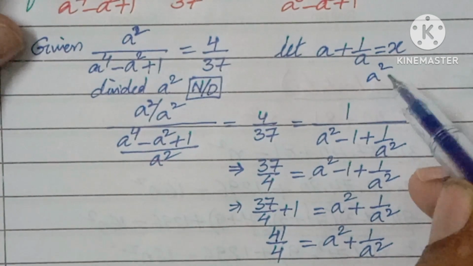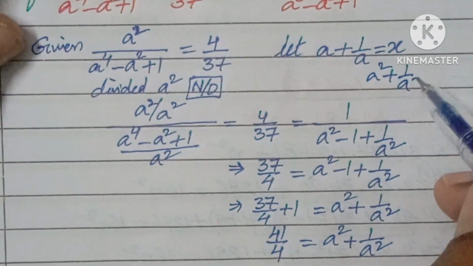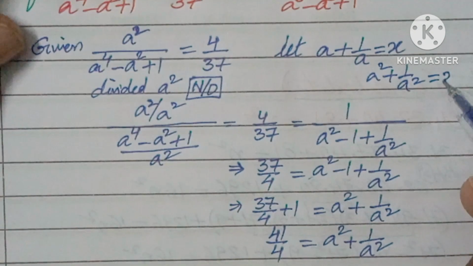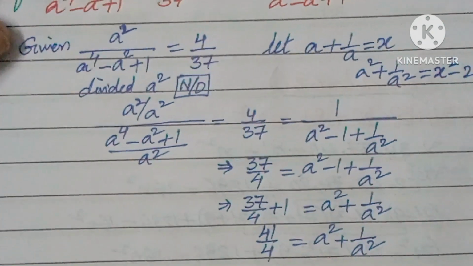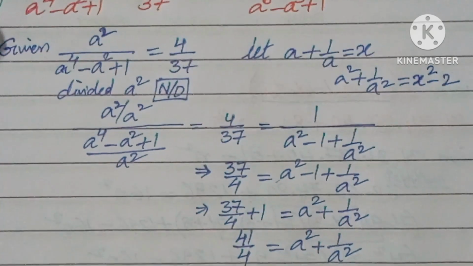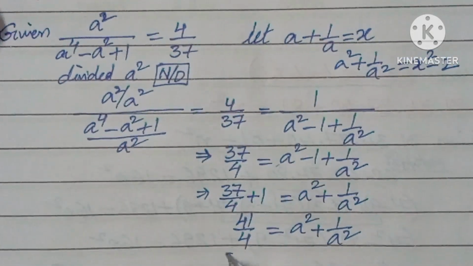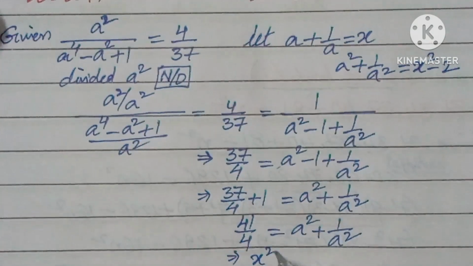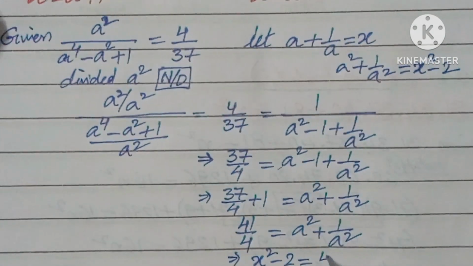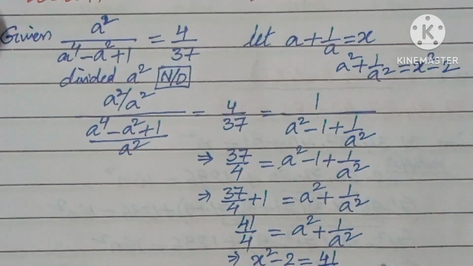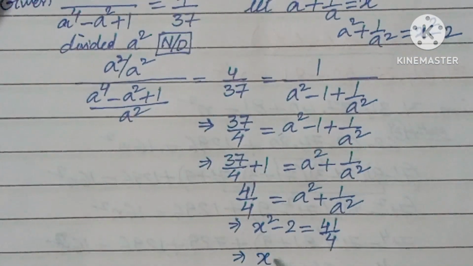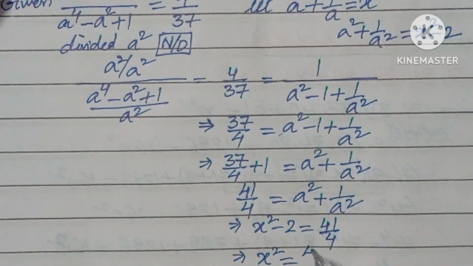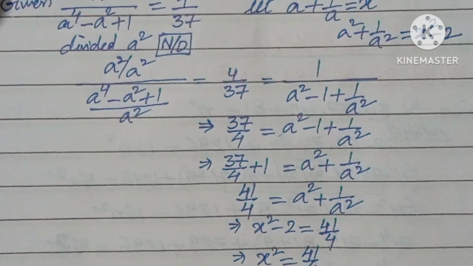So a square plus 1 by a square will be x square minus 2. That you are going to substitute here. So x square minus 2 is equal to 41 by 4. That implies x square is equal to 41 by 4 plus 2.